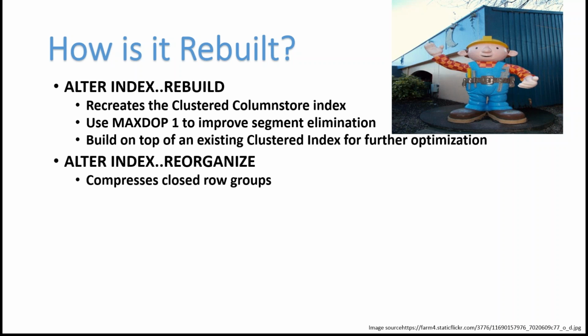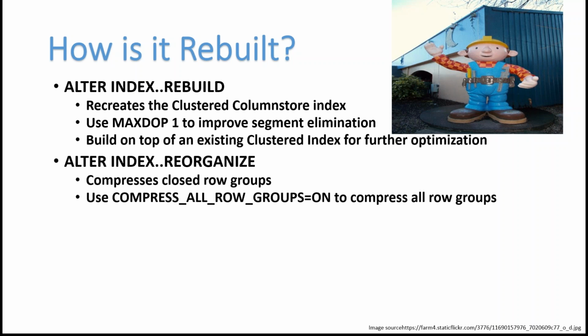Let's talk about the situation we were in before. We loaded 200 million rows, and all of them are inside the delta store. We can call alter index reorganize, and all of the rows will be compressed and get into the column store as soon as possible.